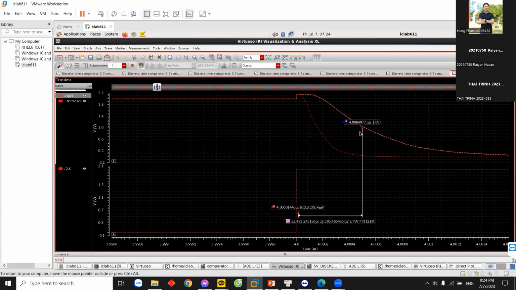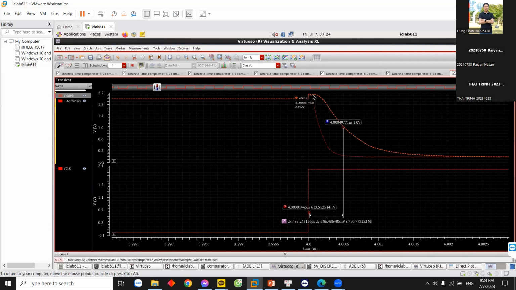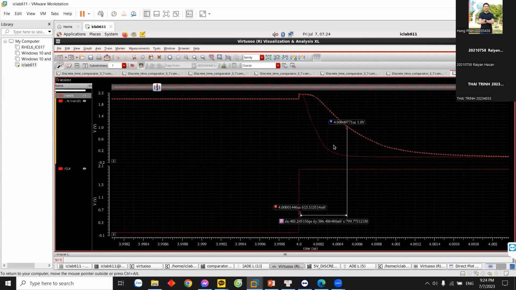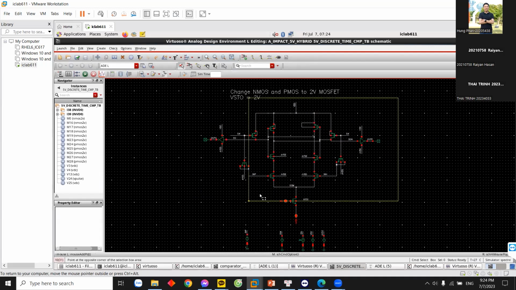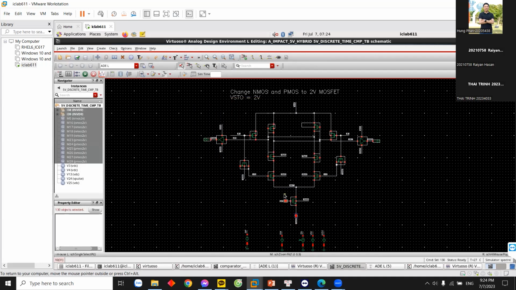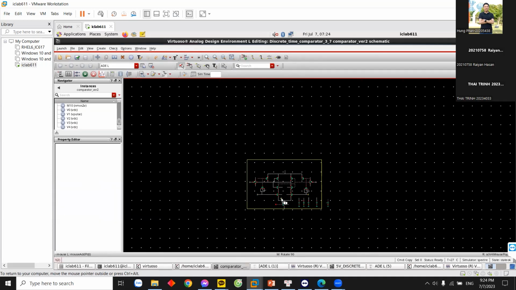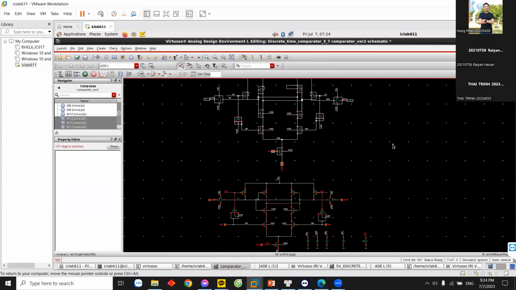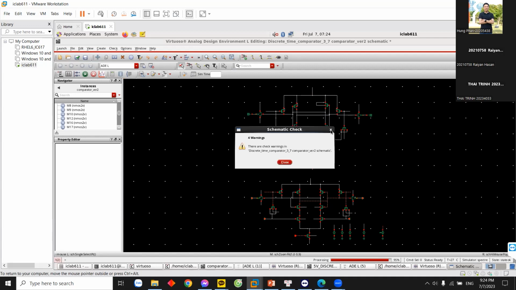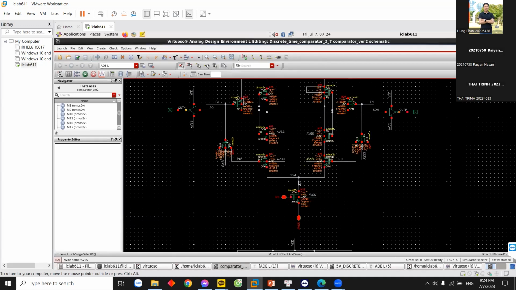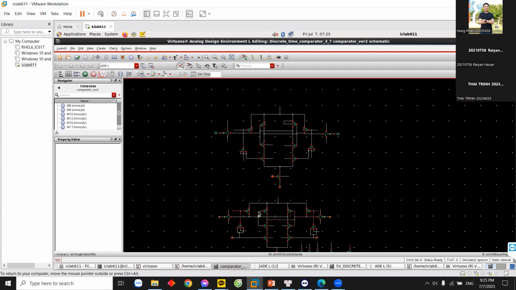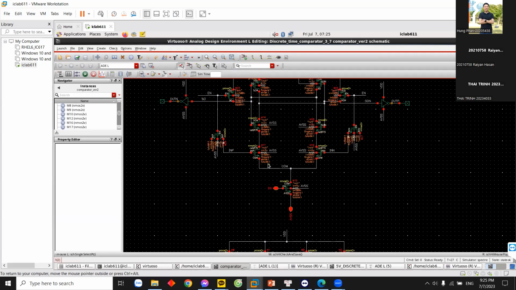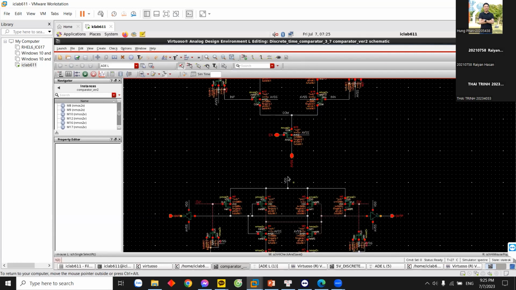Why does your circuit have so much more delay? Too strange. I checked a lot of times every parameter, but it's different.